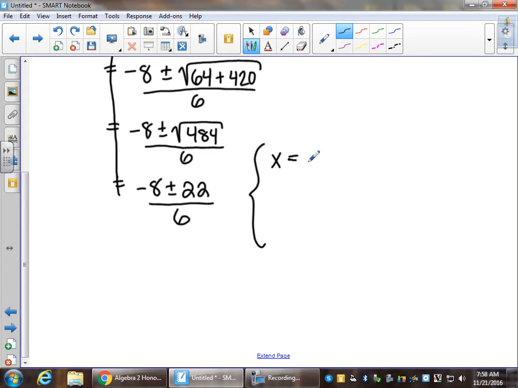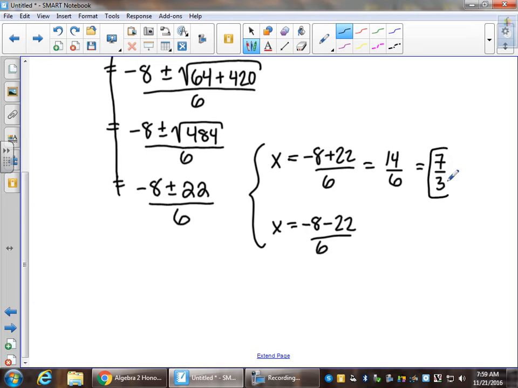So x is going to be either -8 plus 22 divided by 6, or -8 minus 22 all divided by 6. -8 plus 22 is 14 divided by 6. Simplifies to what fraction? 7/3. Or I have -8 minus 22, which is -30. Divided by 6, -5.